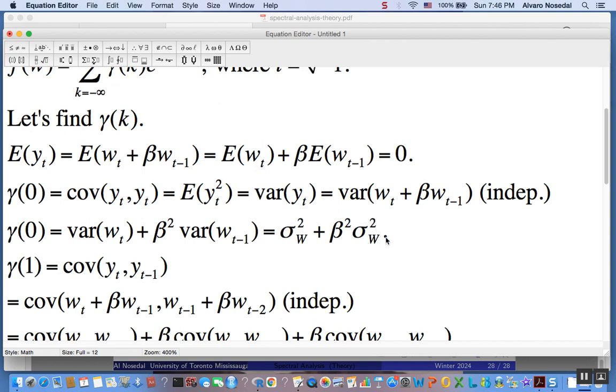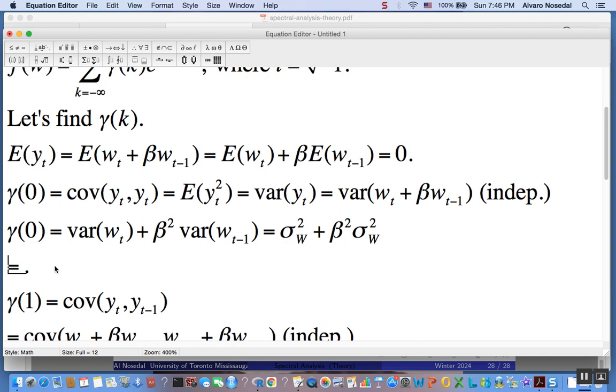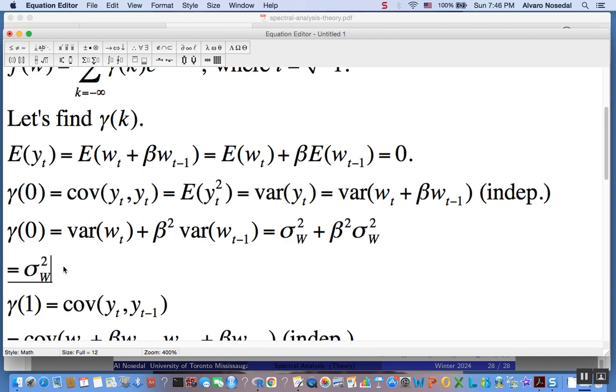Let me actually factor out one of these so we can have something nicer. So let me rewrite it like this, times 1 plus beta squared.